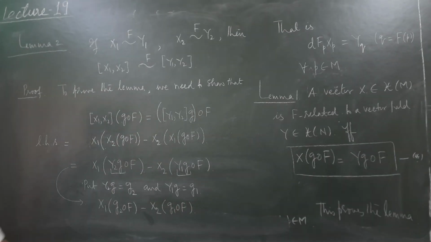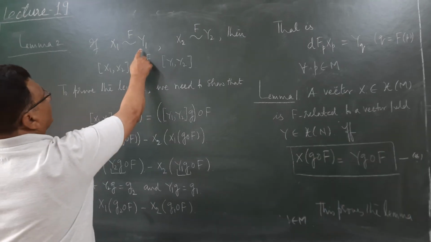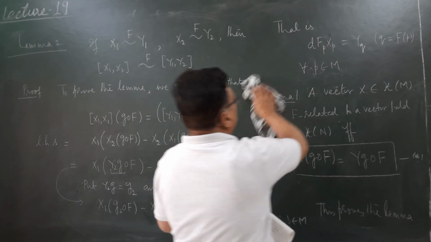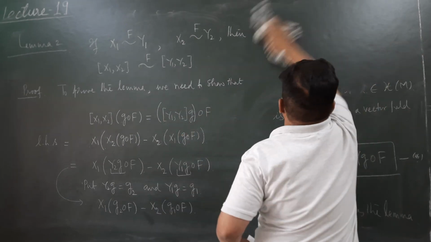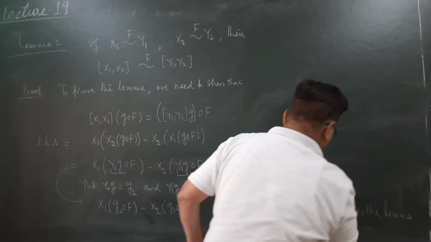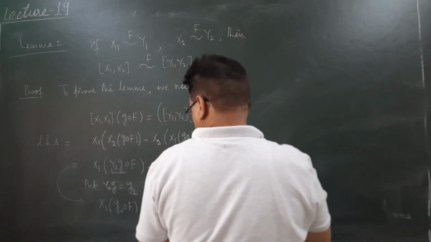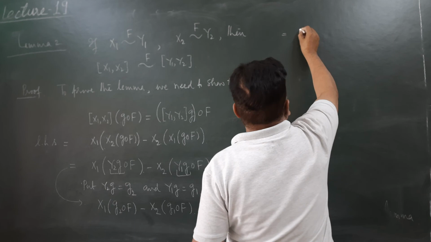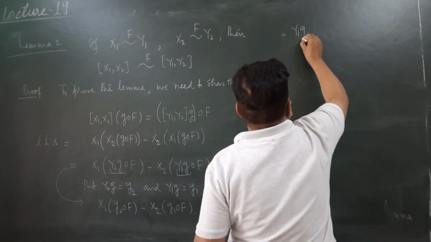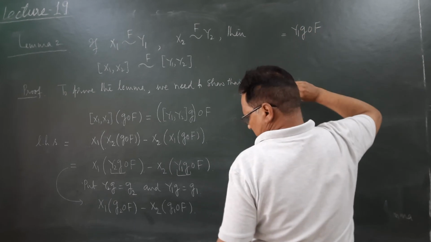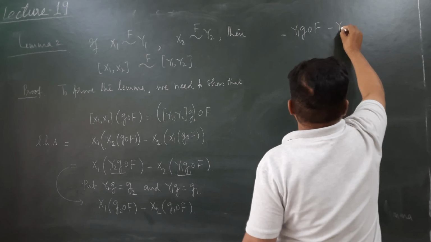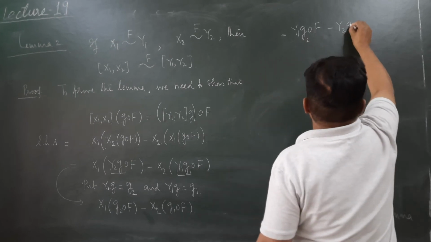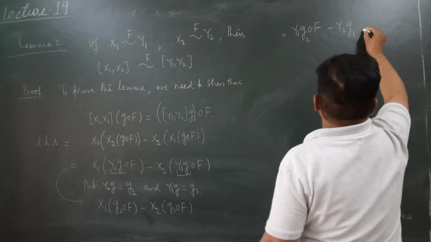x1 is f-related to y1, so the last term becomes equal to y1 g2 composition f, and the second term will be y2 g1 composition f.